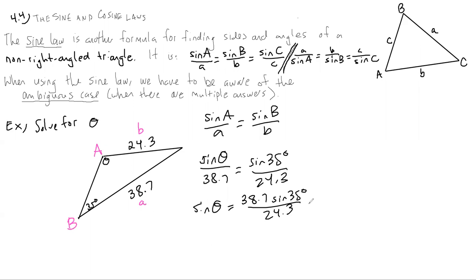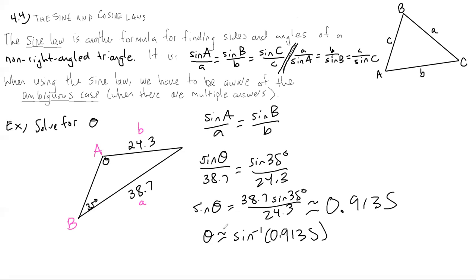And plug that in, and we will get a nice decimal: 38.7 times sine 35 divided by 24.3 is 0.9135. So theta, I'm going to undo that. And we should get about, let's call it, 66 degrees.